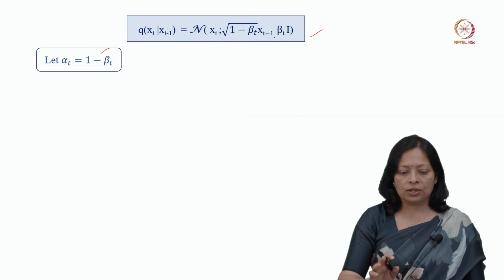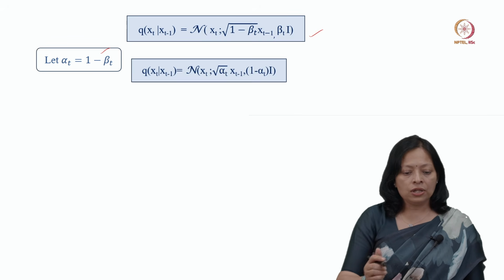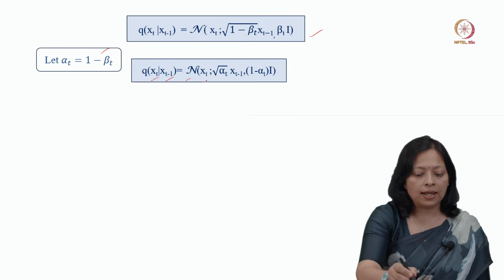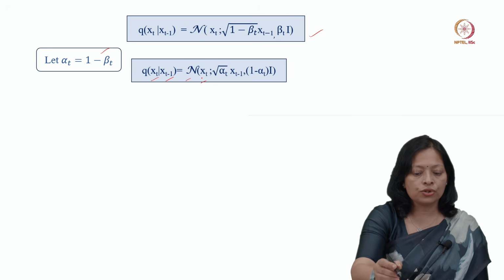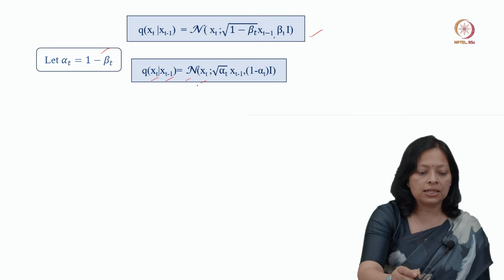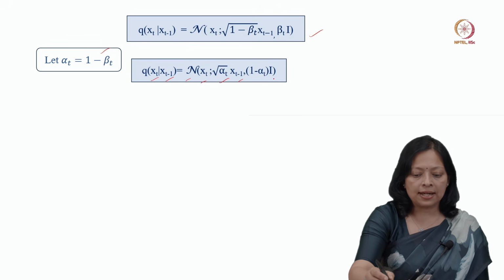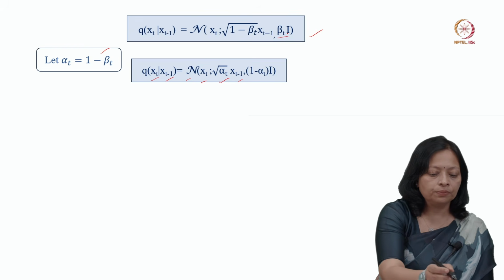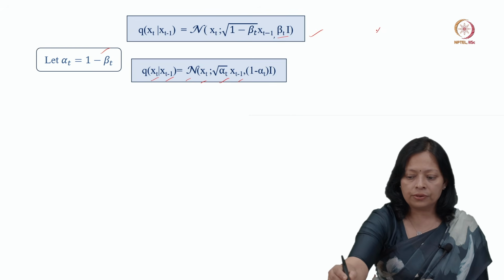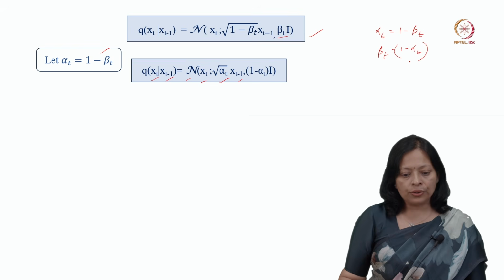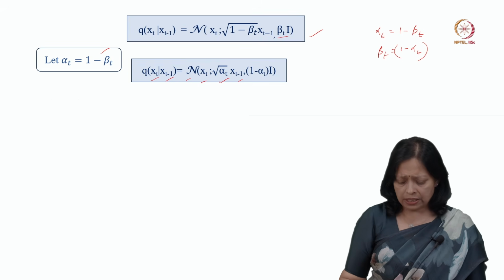So, there is a substitution that I want to do here, and I have rewritten this equation: q of xt given xt minus 1 is equal to N of xt, sampled from this distribution with mean square root of alpha t xt minus 1 and covariance 1 minus alpha t, because beta t becomes equal to 1 minus alpha t, so 1 minus alpha t into I. So, this is in terms of alpha t.